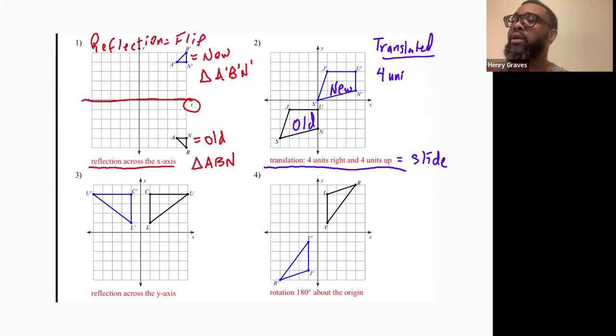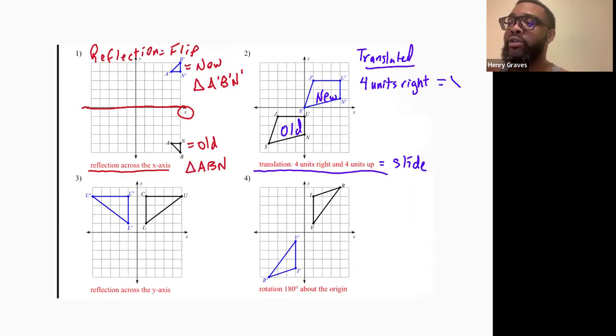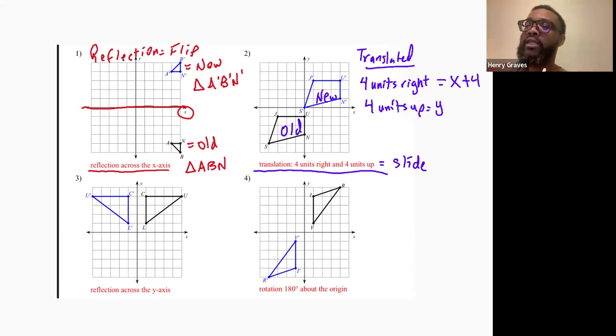That means whatever my X numbers were, I added 4 to them. And they also said we went 4 units up. So whatever my Y values are, I'm going to add 4 to them, correct? So I'm going to have to slide this over. There we go.